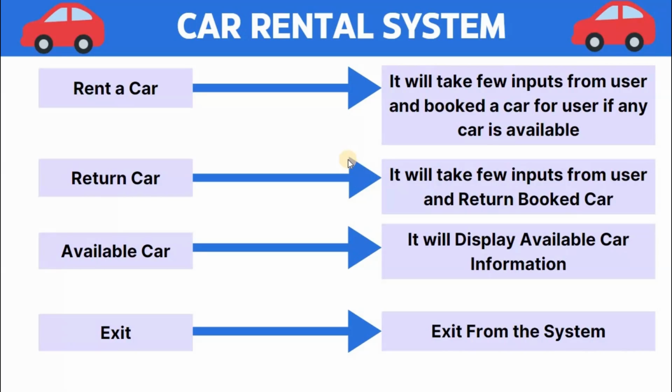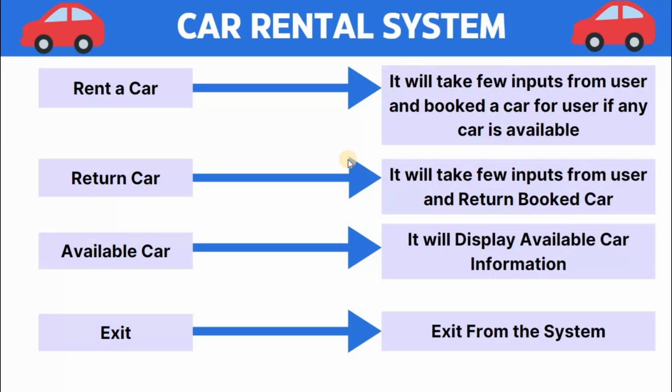For the car rental system project that I'm going to demonstrate, while you are running it you will be able to access some features. For renting a car, it will ask for some inputs, like the car ID you want to book and then the customer name or something else.